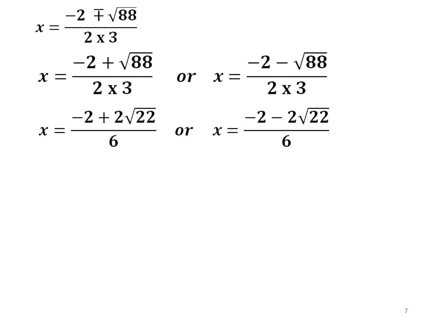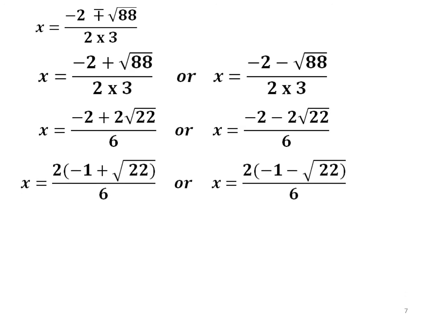Now if you see in the numerator 2 and 2 is there, so we can take out the common term outside. So on taking the common term outside, we get x is equal to 2 bracket minus 1 plus root 22 upon 6, or x is equal to 2 bracket minus 1 minus root 22 upon 6. 2 and 6 can get cancelled from the numerator and denominator.